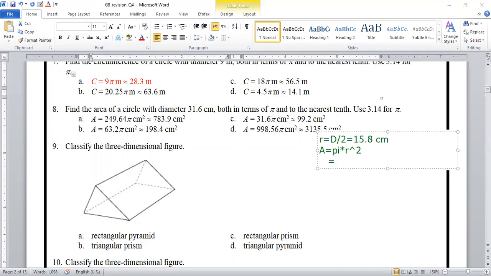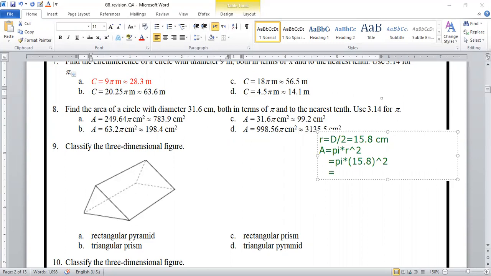The area equals pi times r, where r is 15.8 squared. Squared means we repeat 15.8 twice, 15.8 times 15.8, which equals 249.64 in terms of pi.